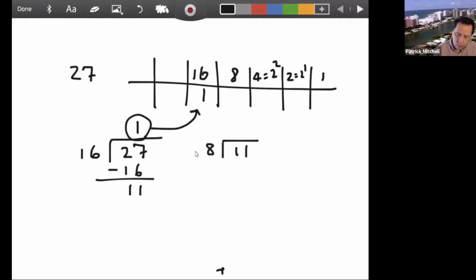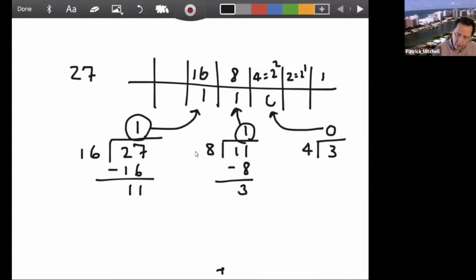It goes 1 time. So that 1 goes here. The next question is how many times does 4 go into 3? The answer is 0. Next place value is 2. 2 goes into 3 1 time. And then 1 goes into 1 1 time.